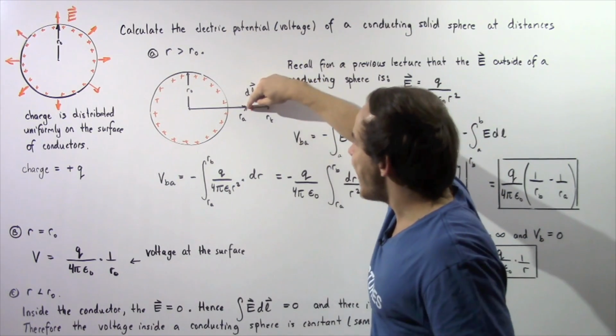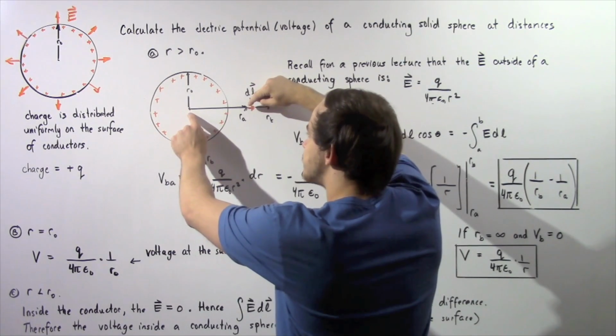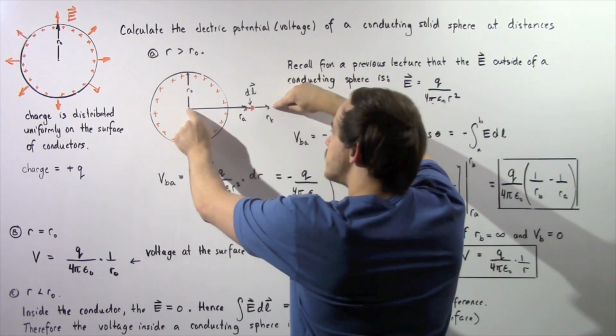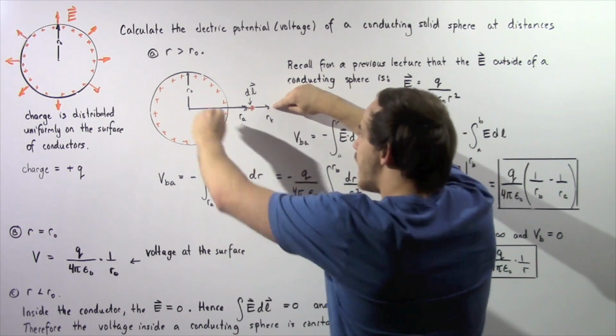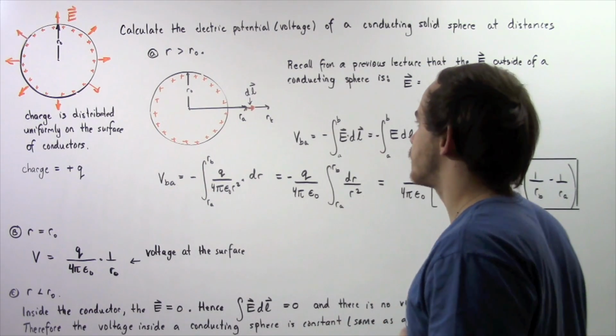Let's suppose point A is found here and is a distance RA from the center of the sphere, and point B is found a distance RB from the center of that same sphere. And these 2 points lie on the same exact horizontal axis.